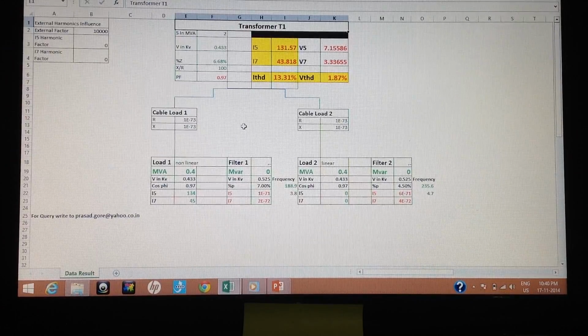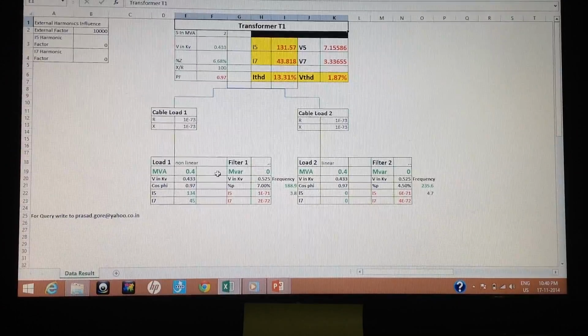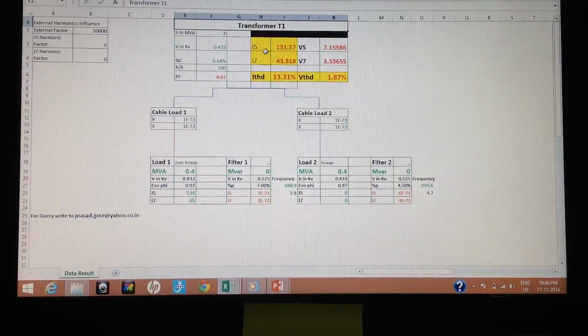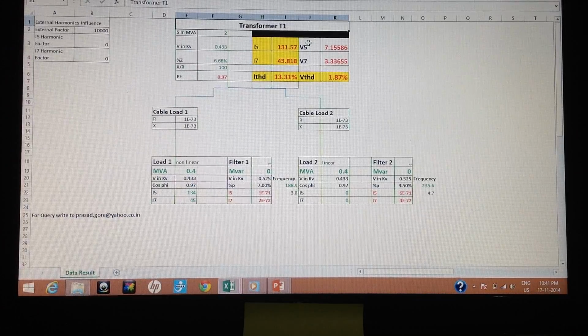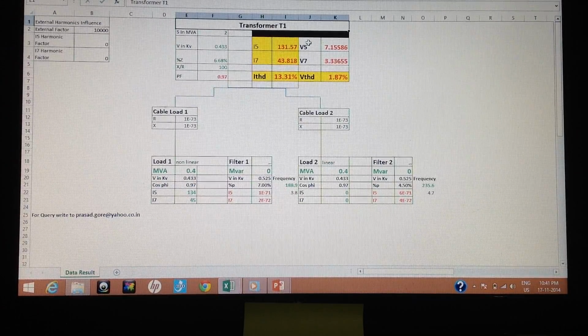Now you see the I5 and I7 are reflected at the transformer mains, but not with the same amplitude, because, as I said, there are several factors affecting the final harmonic values observed at the transformer end.